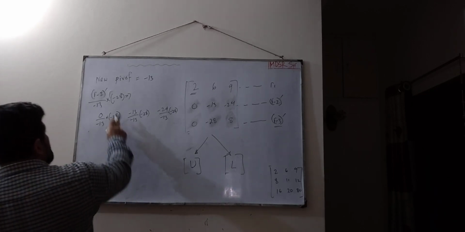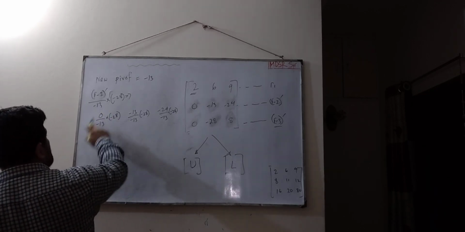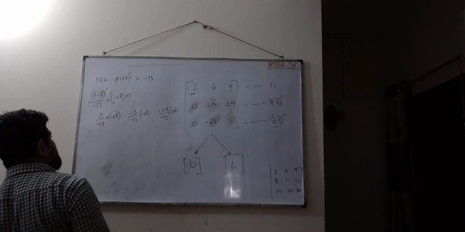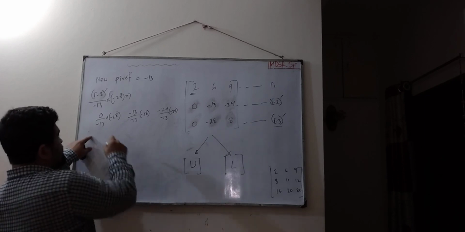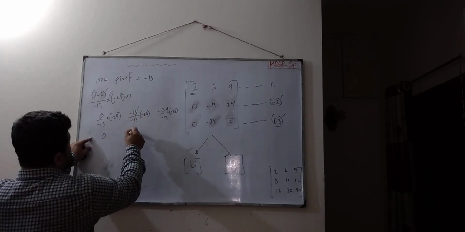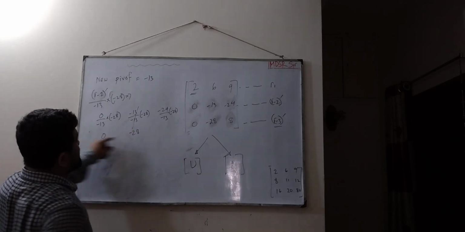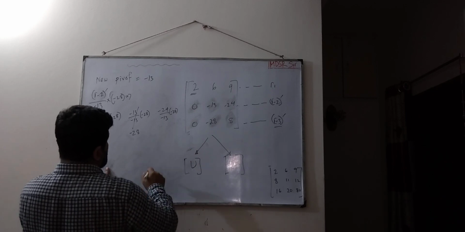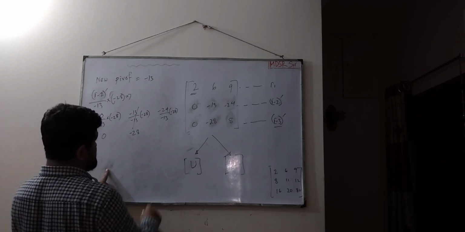So this part is 0. You can divide 0 by anything or multiply by anything, it becomes 0. As simple as that. This one is 0, this one is minus 28, and this part is something like 24 into 28 by 13.